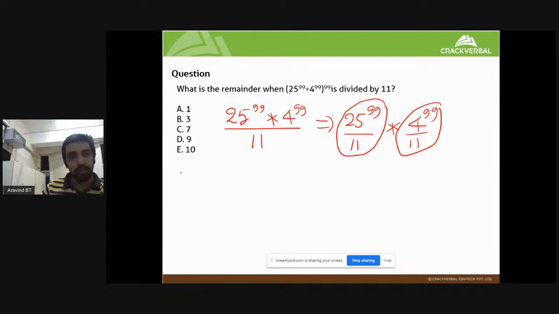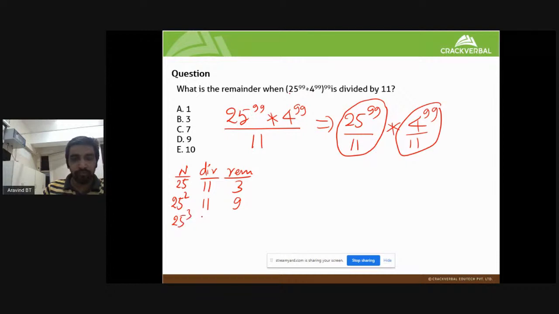So let's say the number is 25. 25 divided by 11 gives me a remainder of 3. Therefore, 25 square divided by 11. What is 25 square? 25 square is nothing but 25 into 25. So the remainder should be 3 into 3, 9.